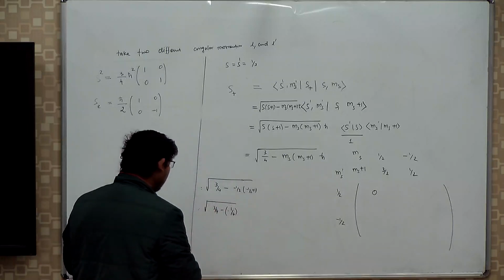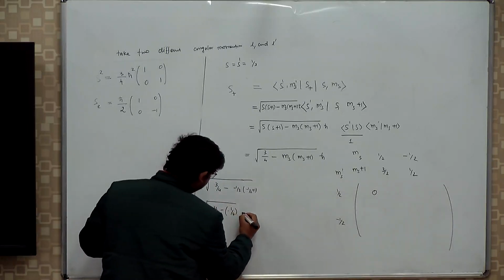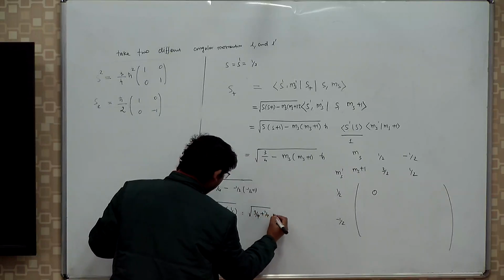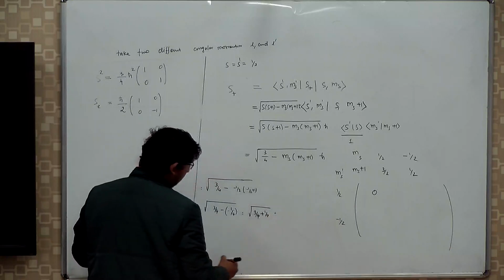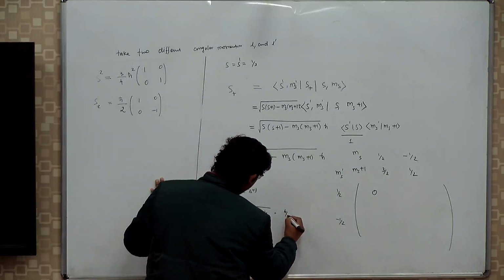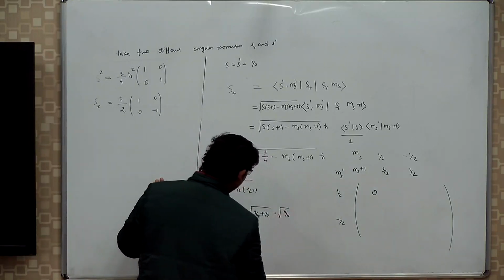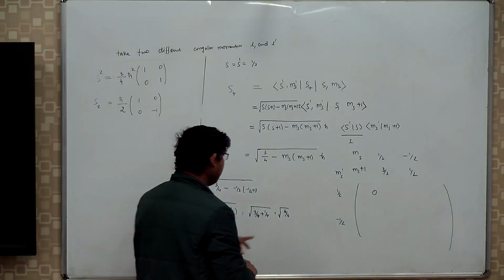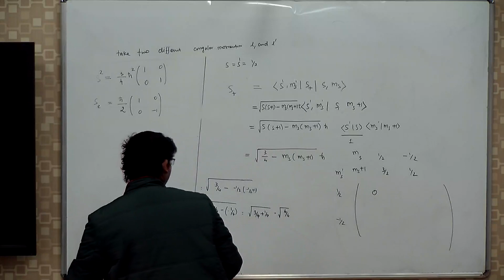Then if you multiply, it will give you 3 by 4 plus 1 by 4, so we will get 4 by 4 under square root, which is nothing but 1.